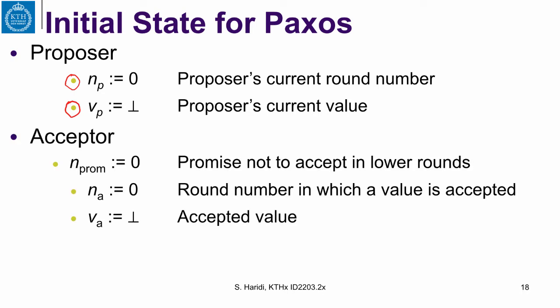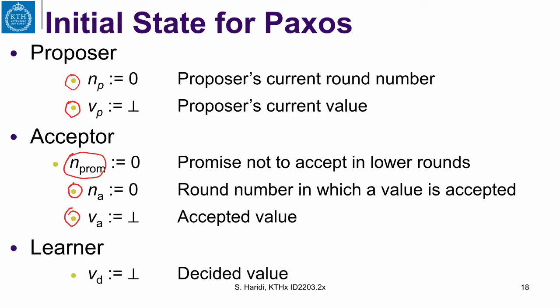The acceptor has n promise, which is the promise not to accept any value in lower rounds. We have the current round number in which a value is accepted, and we have the accepted value, of course, which is initially undefined. And the learner has one value, v, which is the decided value.